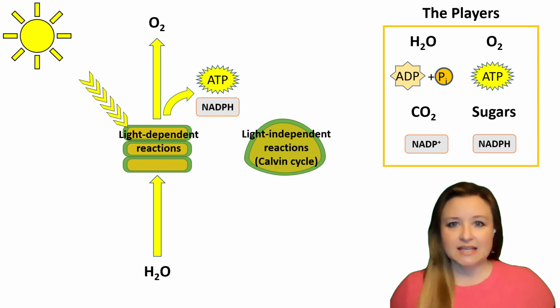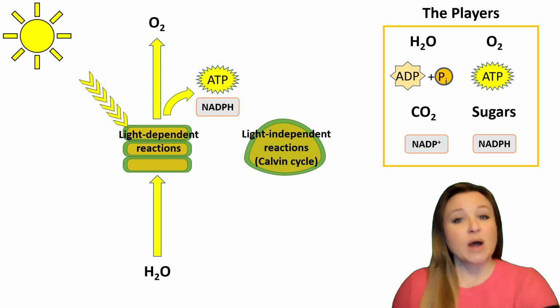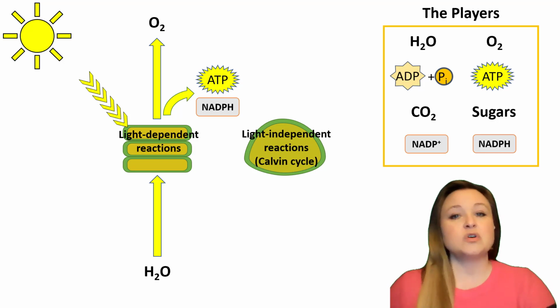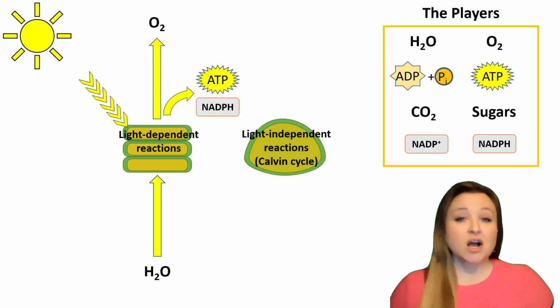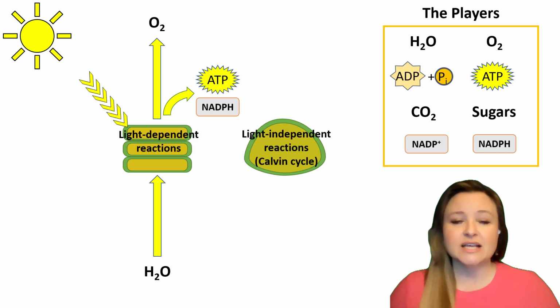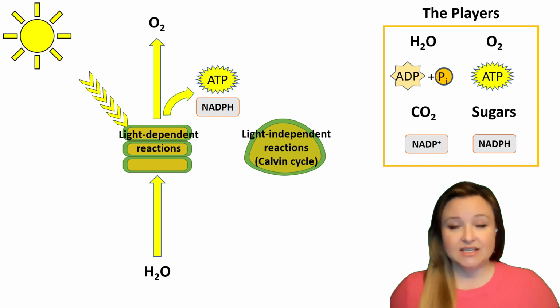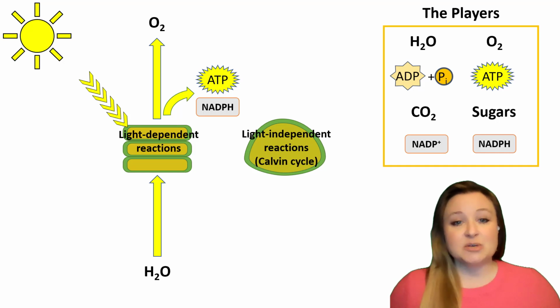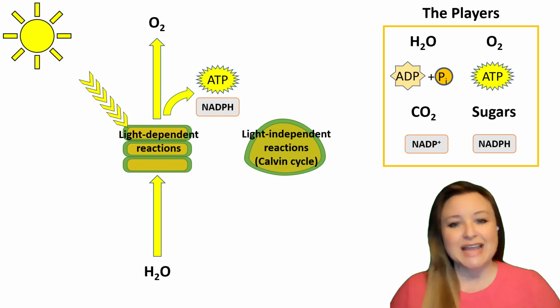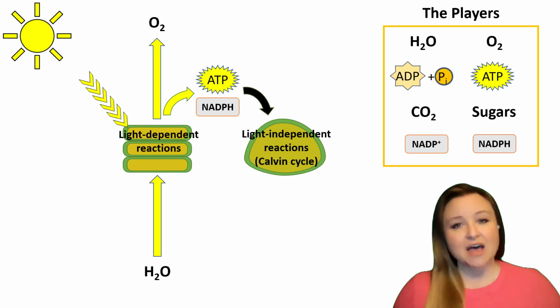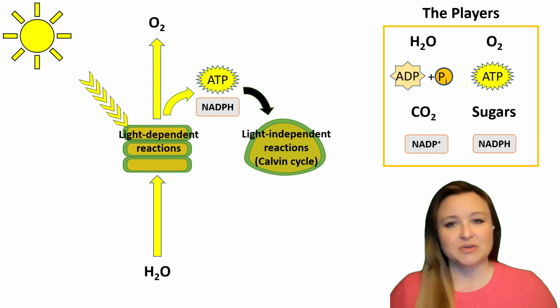So here in the light-dependent reactions, we require energy from sunlight, we require water, and oxygen is a product of the light-dependent reactions, as are ATP and NADPH. Now, ATP and NADPH, those are going to be the reactants that enter the Calvin cycle, or the light-independent reactions.